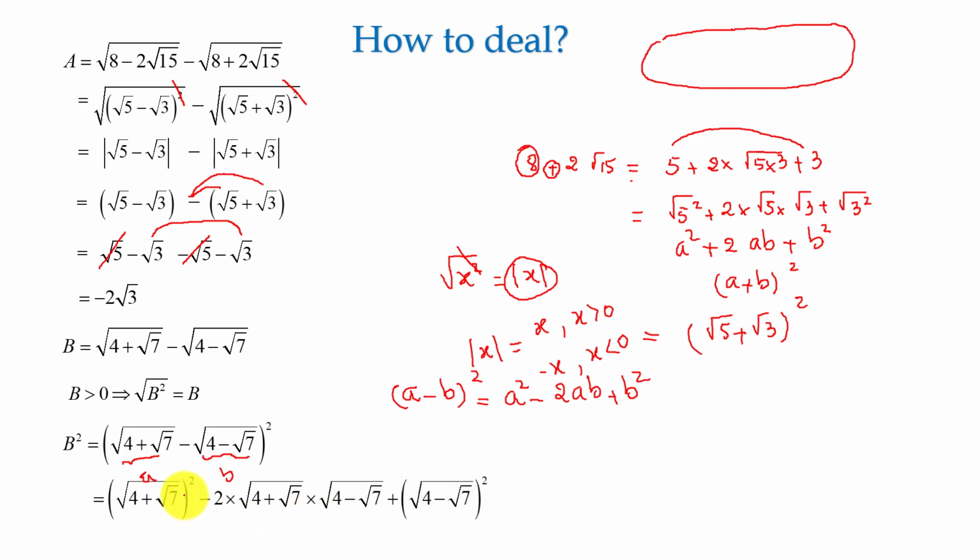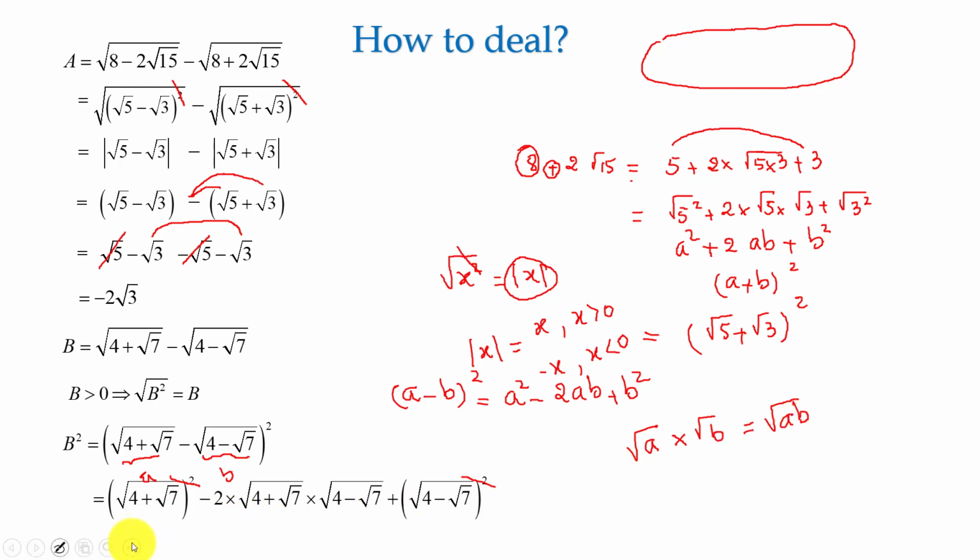And this we can cancel with this, and this we can cancel with this. And if we multiply, we can also write that square root a times square root b is equal to square root of a times b.